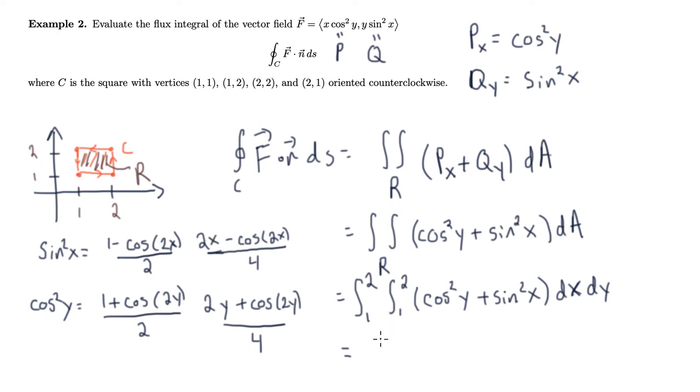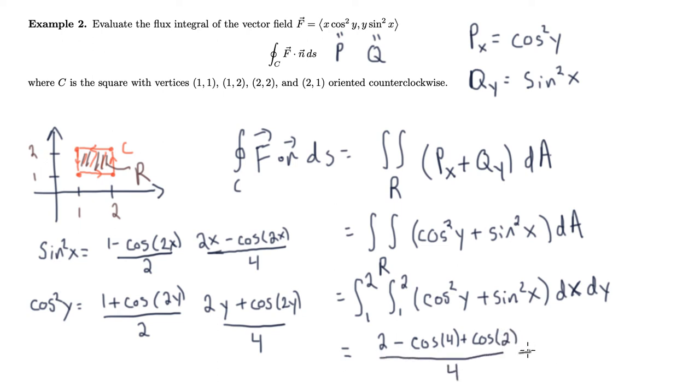So that's going to be 2, and then minus, so I'll have cosine of 4, and then minus minus, so plus cosine of 2, so minus cosine of 4 plus cosine of 2 all over 4.